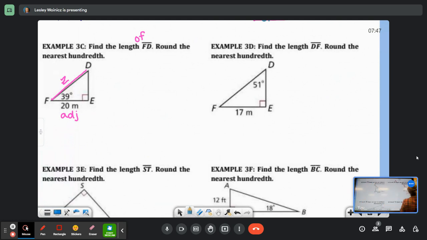Okay, so with respect to our 39-degree angle, this 20 meters is our adjacent side, and the Z is the hypotenuse. So the ratio that uses adjacent over hypotenuse is cosine. So we are going to use cosine.